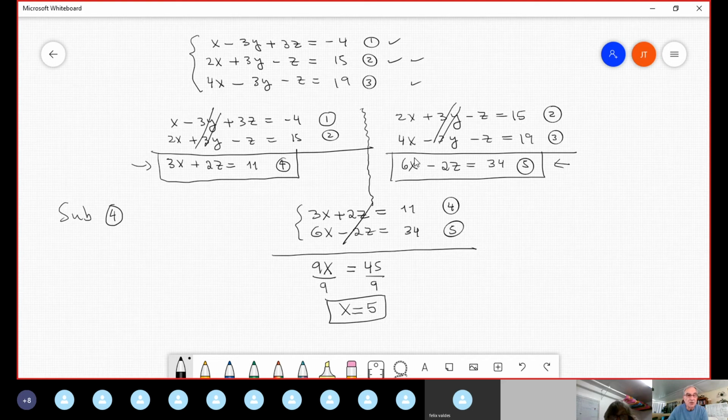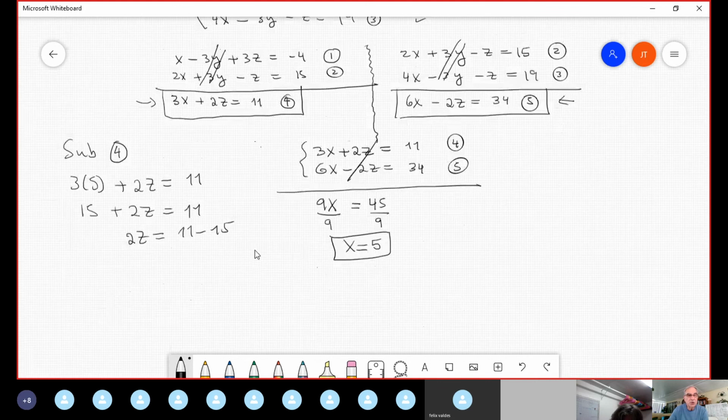You put 5 here. So 3 times 5 plus 2z equal 11. This is 15 plus 2z equal 11. 2z is equal 11 minus 15, negative 4. 2z is equal to negative 4, divided by 2 both sides. z is negative 2.